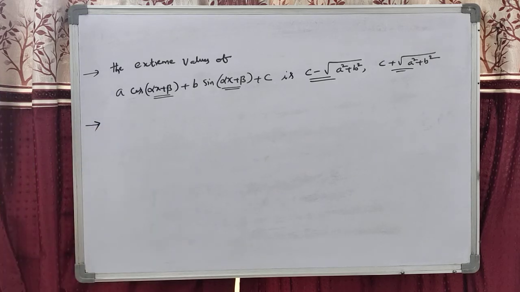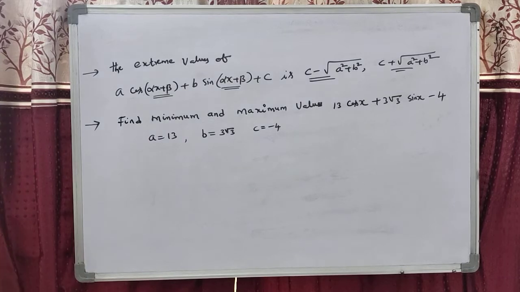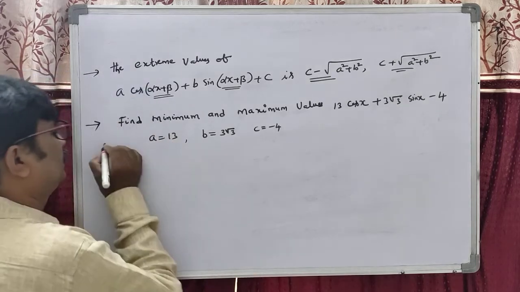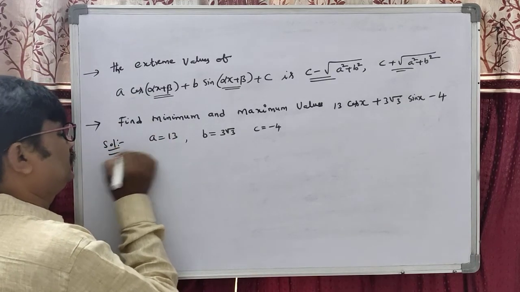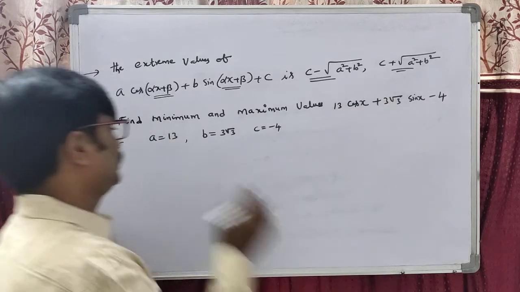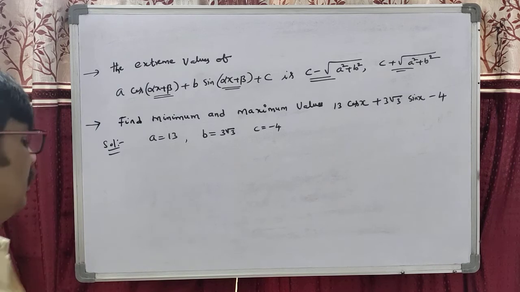Okay students. Now find the minimum and maximum value of 13 cos x + 3√3 sin x − 4. This is compared with a cos x + b sin x + c. A is 13, b is 3√3, c is −4.